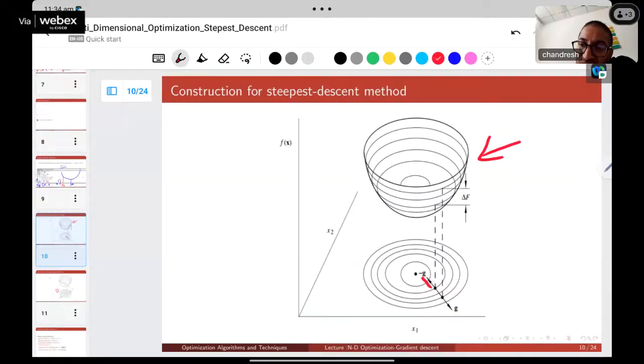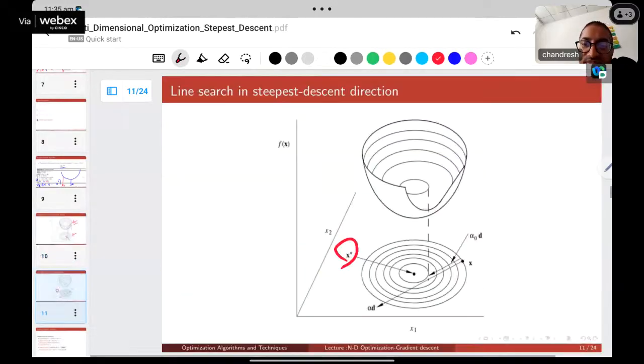If I move on this bowl surface, my function value will change if I go up or down, but if I remain at the same level, my function value will not change. Now you see these two pictures, this picture and this figure, and see why the gradient is perpendicular. That was the mathematical proof, and this is the geometrical proof. And also why we are moving in the negative direction of the gradient.